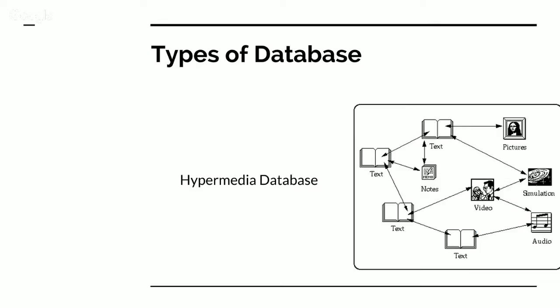Hypermedia database. Most websites have various interconnected multimedia pages which might include text, video clips, audio clips, photographs, and graphics. These all need to be stored somewhere when the web page is created, and all of them together form the hypermedia database.